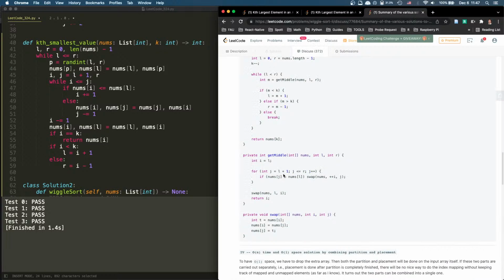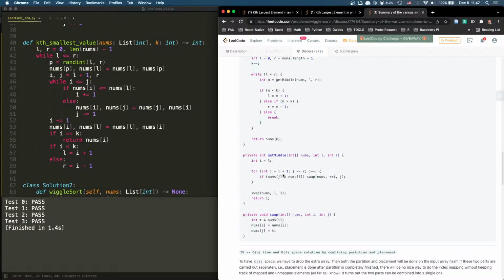So we say if J is smaller, then we will swap. Actually, before the swap, I increments, and then we swap.